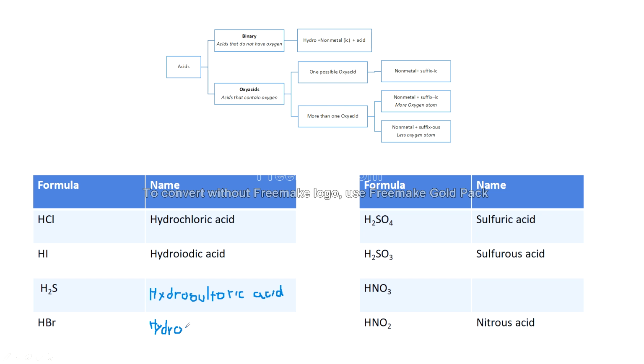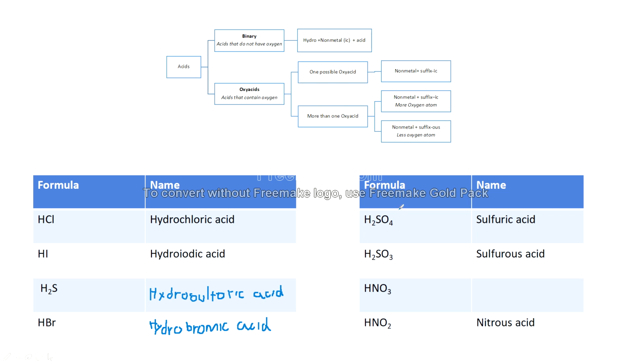So that is bromic with the IC termination: hydrobromic acid. That is how we name that acid. So hydrobromic acid and then hydrosulfuric acid. That's supposed to be a U.